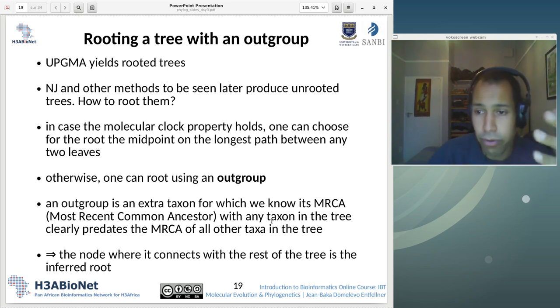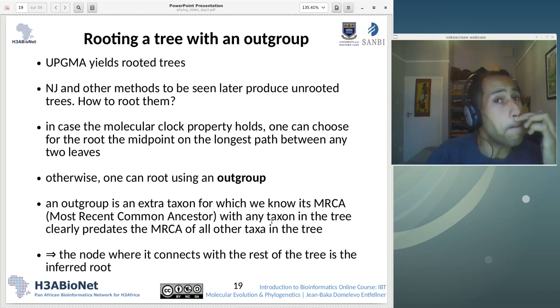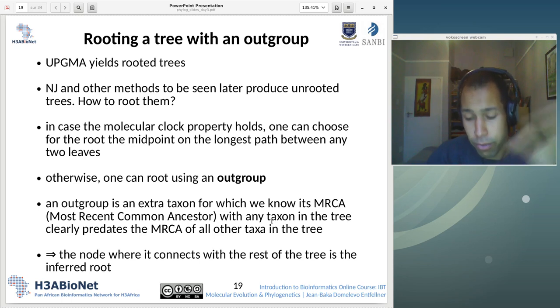So, for instance, if you want to study mammals, and your phylogeny is made only of mammals, you're going to choose as your outgroup an animal that is not mammalian.